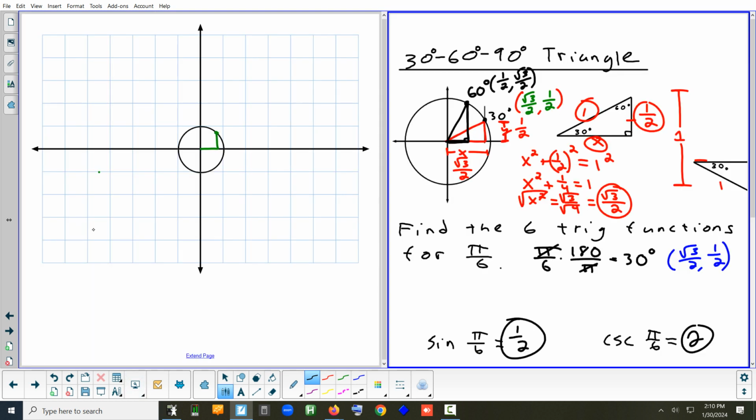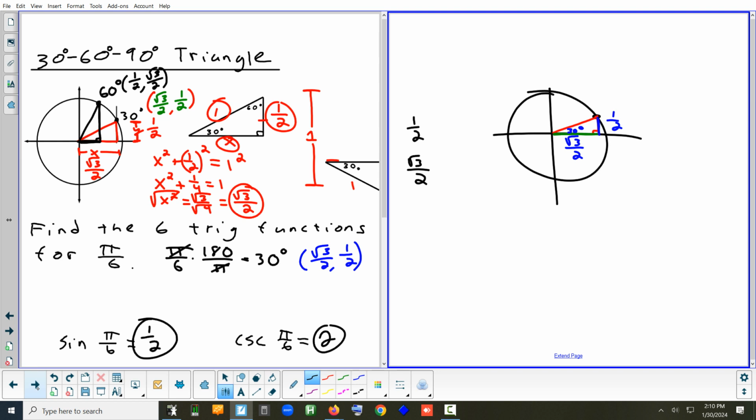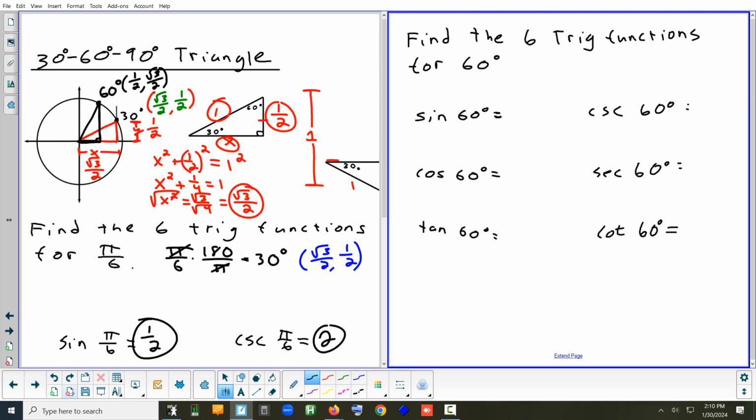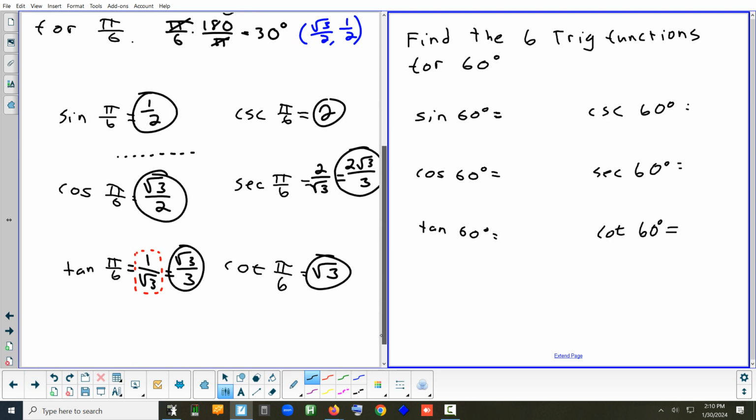All right, so I'll leave that one up. And I'm going to have you try the 6 trig functions of 60. And then once you get all your answers, I want you to look at how the answers you get for 60 compare to the answers you get for 30.